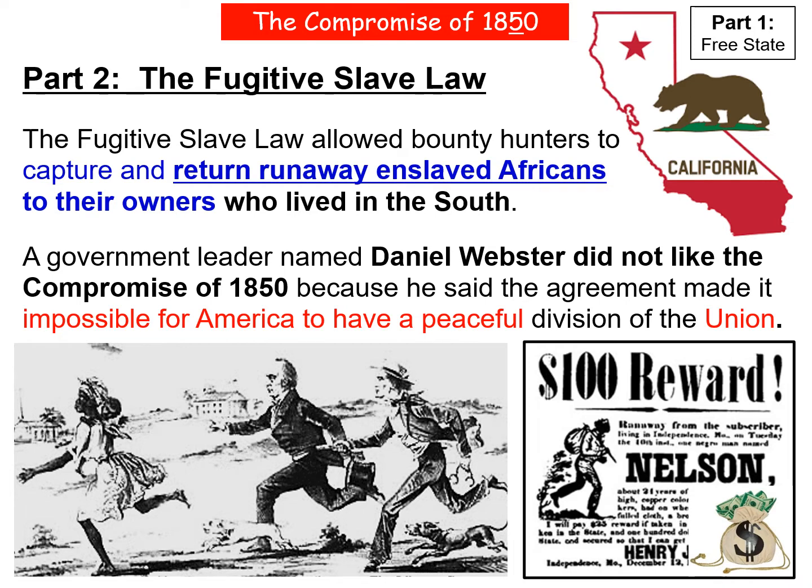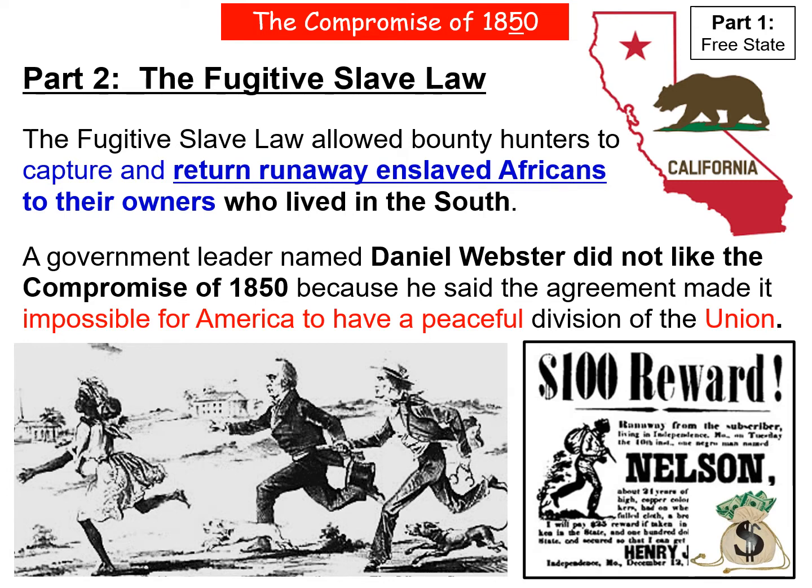Okay, so California's a free state, but the Fugitive Slave Law says that any slave that runs away and maybe goes to the North, where they were supposed to be free, the government says, nope, not anymore. A bounty hunter or a slave catcher can go to the North and get that slave and bring them back to the South to the owner.